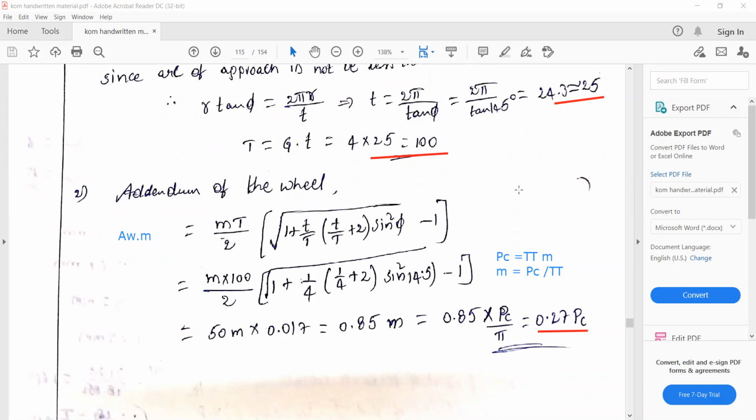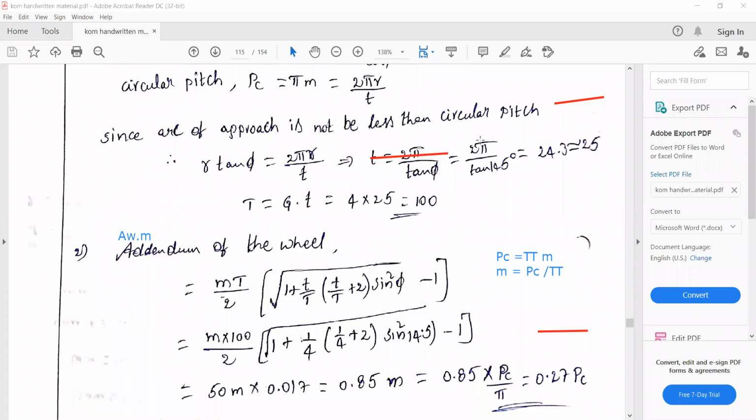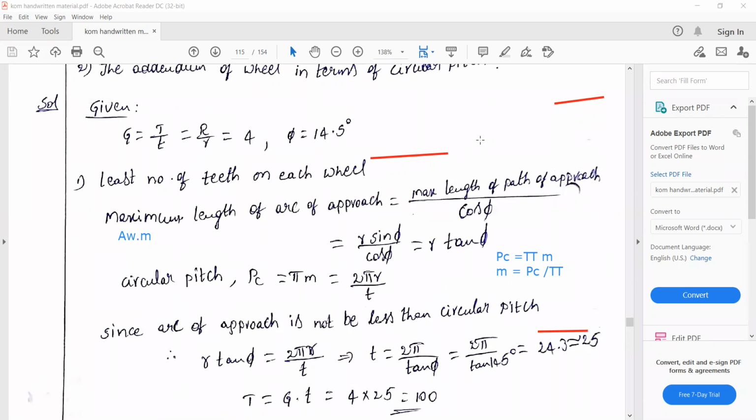Just all of you make a copy of the problem. It is very, very important. Why?